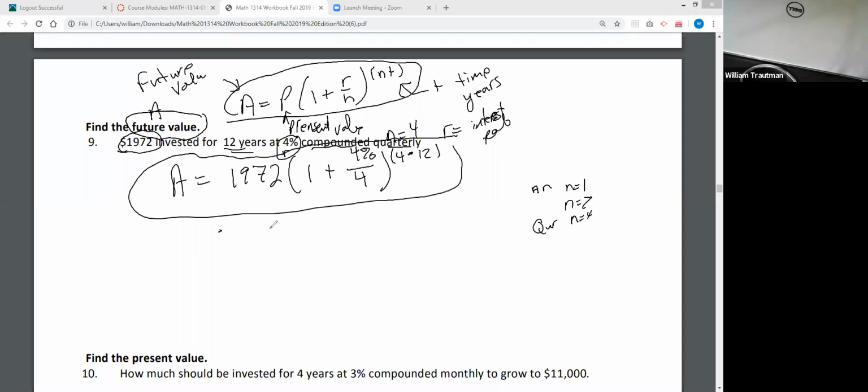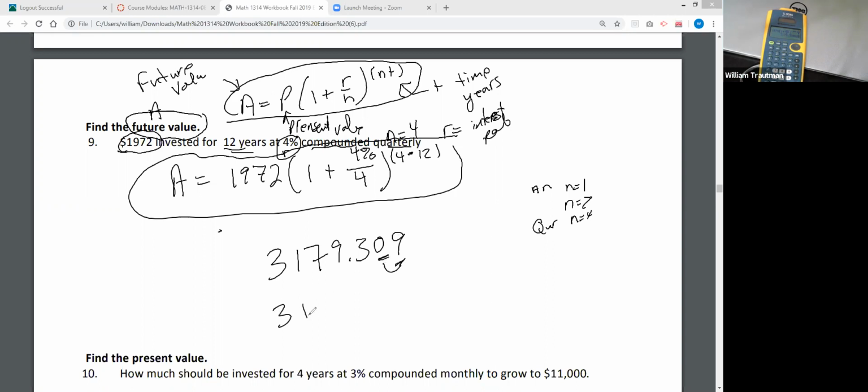I got 3179.309. Now, we're talking about money here. We always round money to 2 decimal places, to cents. So this is 3179. Since the number to the right is 5 or more, I have to add 1, 0.31.